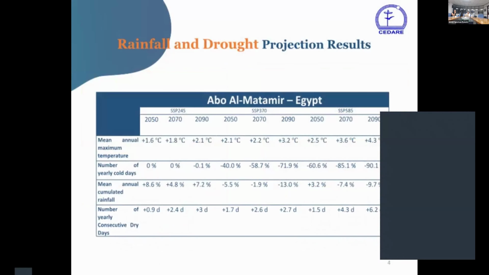The SPEI 36 metric assessment of hydrological drought impacts showed that the projected frequency of severe drought will increase compared to the historical period in Abu al-Matamir, with a high increase during the last 20 years of the century. Additionally, a study demonstrated a slight decline of 7% in total rainfall in Egypt alongside a rise in flash flood events.